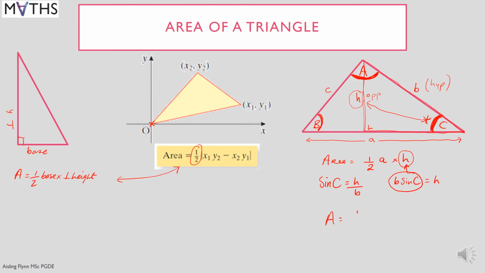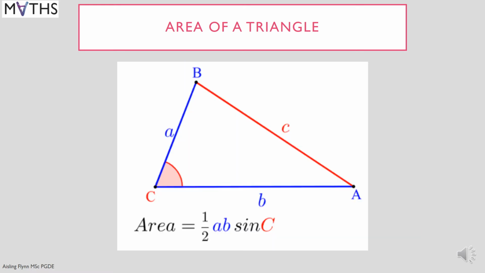In trigonometry, we're going to use for this the area of a triangle: half A times B sine C. All right, so again, you don't need to know where it comes from, but it helps. So here you have that formula in trigonometry for the area of a triangle. We can use area equals a half AB sine C.